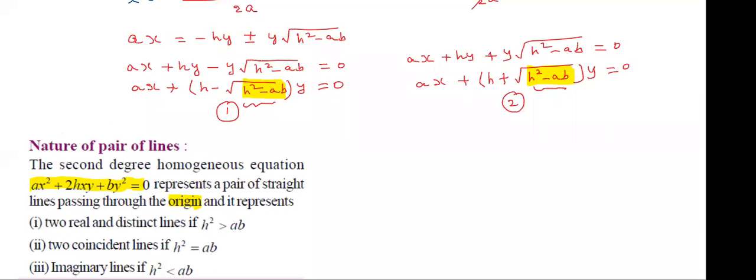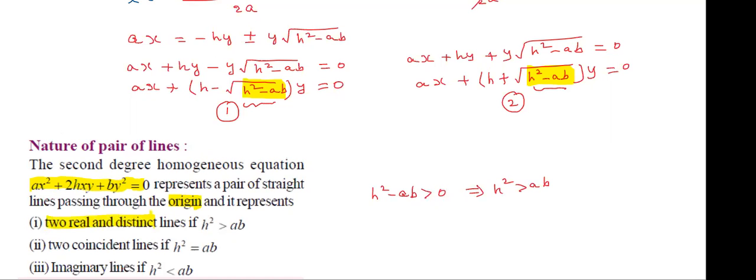By observing h square minus ab, we will say the nature of the pair of lines. H square minus ab greater than 0, that means h square is greater than ab, then we will say that the two lines are real and distinct.